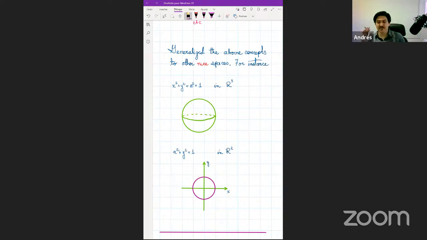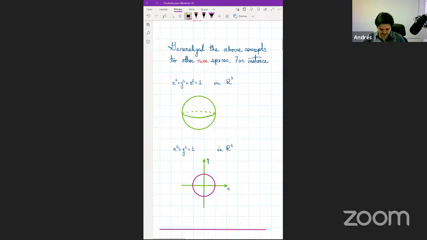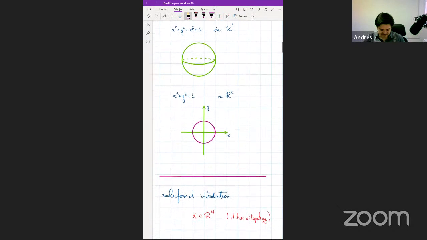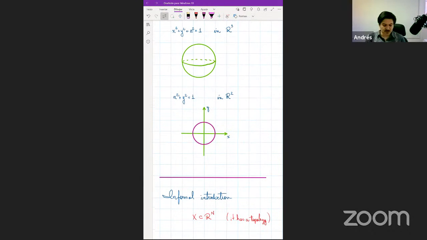So remember, there is some knowledge of topology that is required, and in some sense, it's more or less basic. So this is what I said before. This will be our topological space, abstract. If that's too much, think of something inside Rn.